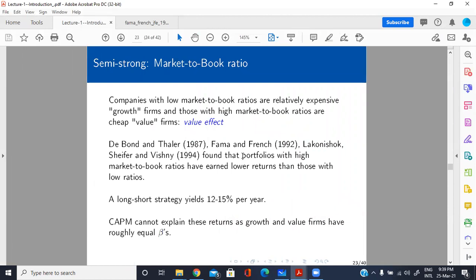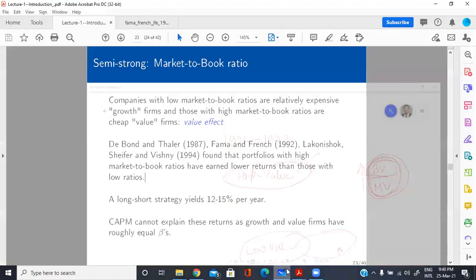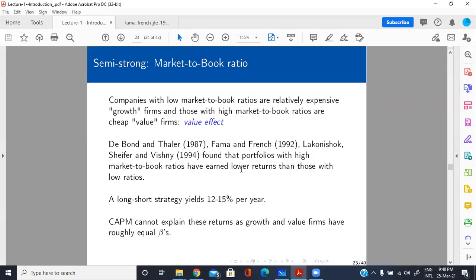You see, if you form portfolios where you have included the stocks which have higher market to book ratio, they have earned lower return than those with low ratios, just the opposite of what I just mentioned here. Okay, so just inverse this one. Which stocks provide higher return?